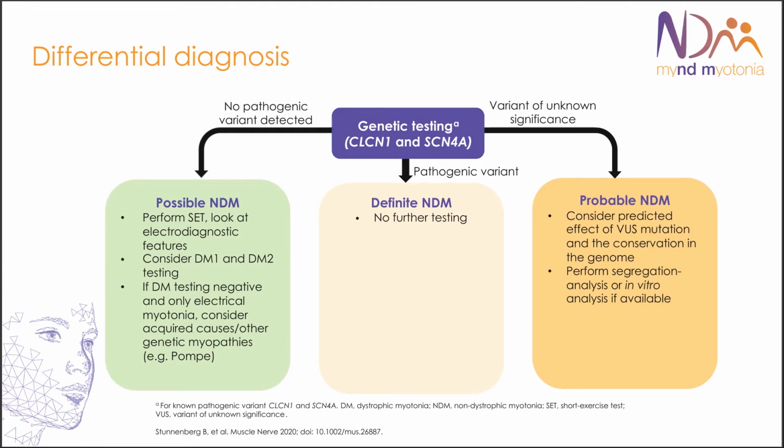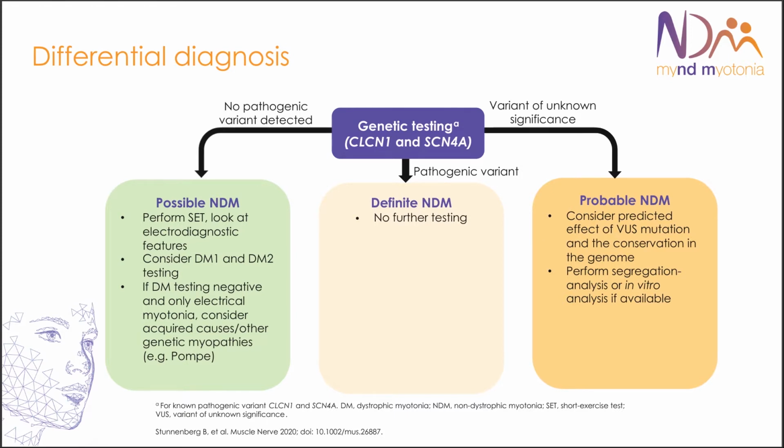So in the differential diagnosis, the genetic testing looks at the chloride channel and the sodium channel. If they show a pathogenic variant, we are in presence of a definite NDM and no further testing is required. If no pathogenic variant is detected, we have a possible NDM.